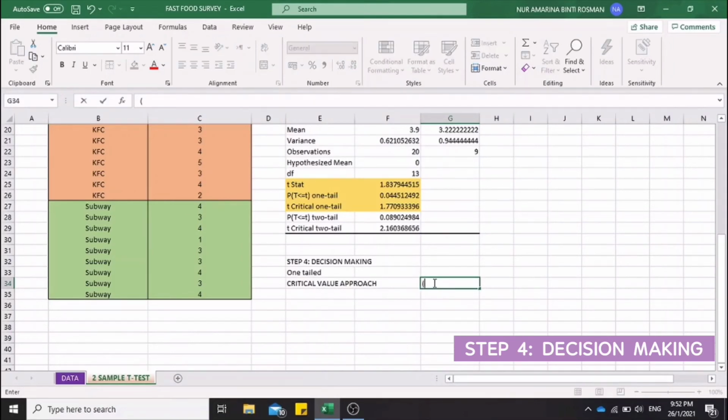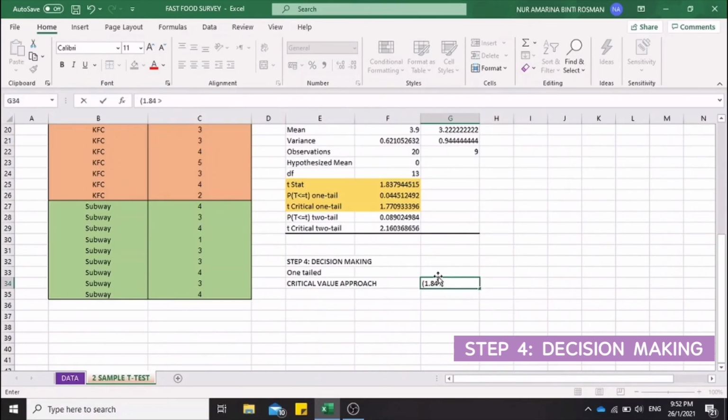You have to take the t statistic, and check whether it is bigger or lesser than CV. CV is t critical one tail. So 1.84 is bigger than CV.